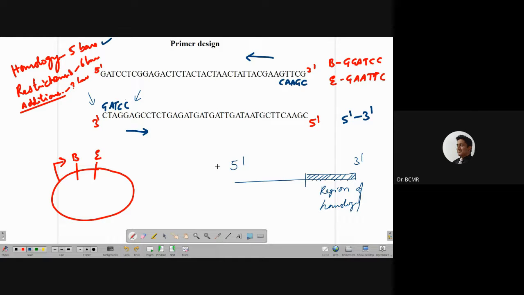We will see some examples or alterations to that at a later time. Then it is followed by the restriction site. Right? And then we have these additional bases, whichever may be there.